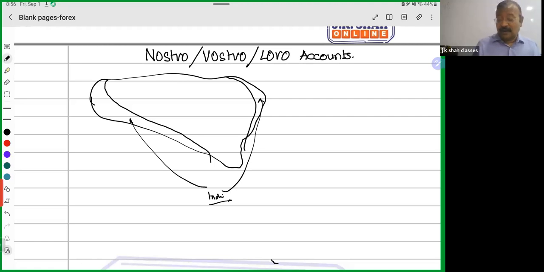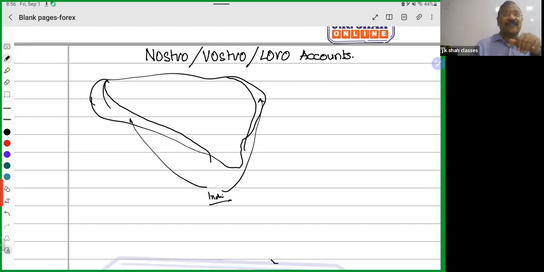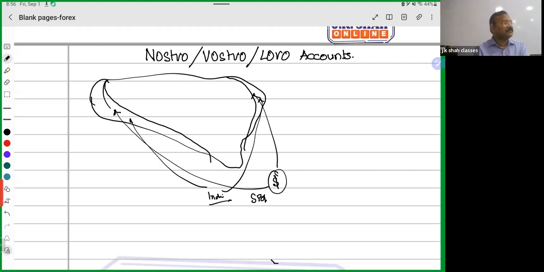Okay. Now, there would be some banks in US which has got a strong presence in West Coast, but it does not have a presence on the East Coast. वहां पे दूसरा बैंक का presence है. Okay, so then what SBI would do is it would maintain its dollar account with one bank which has got a strong presence here and with another bank which has got a strong presence here to facilitate transactions.